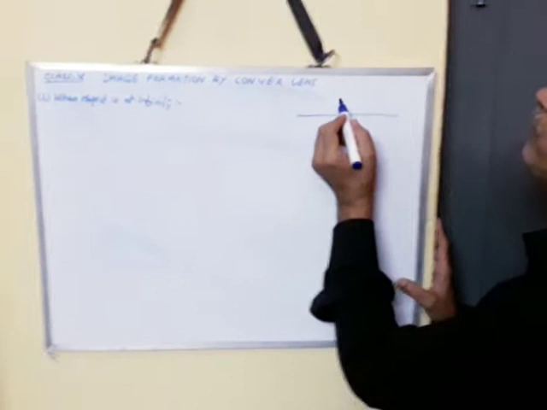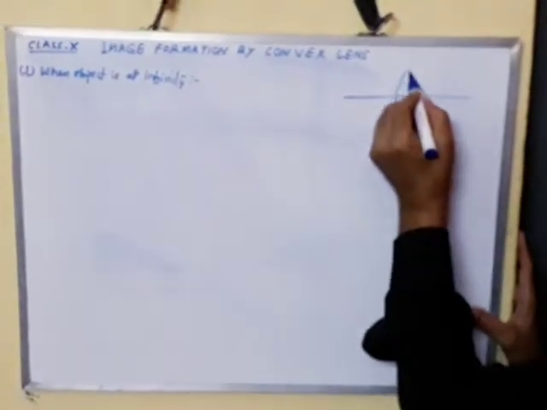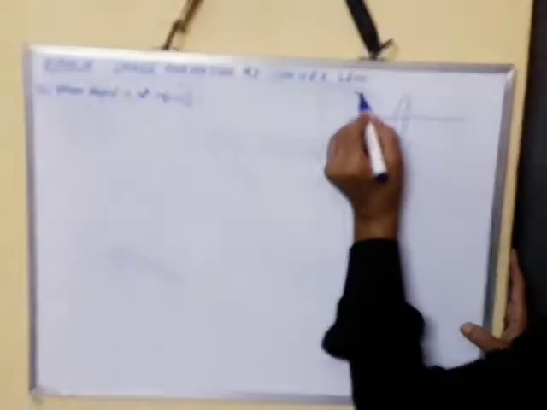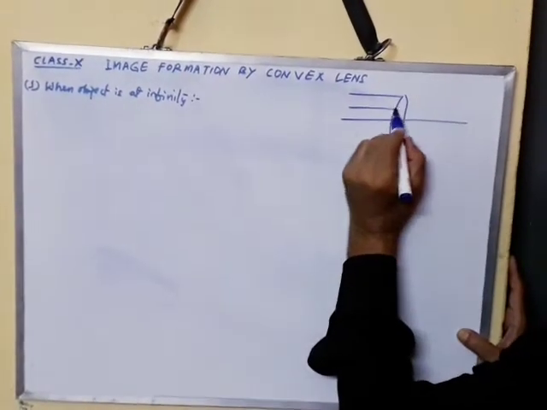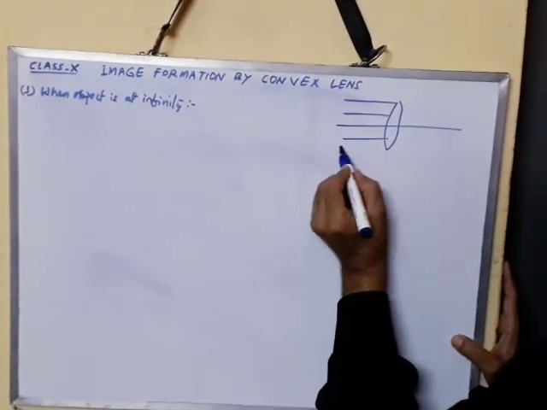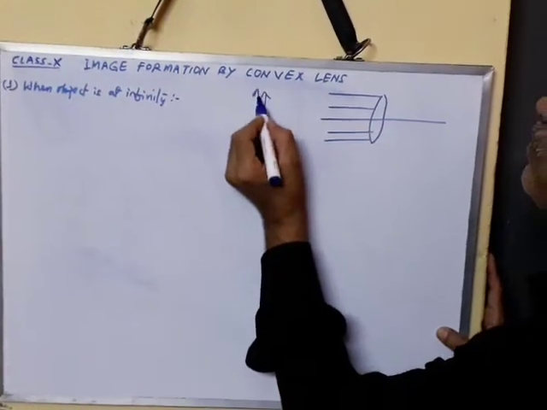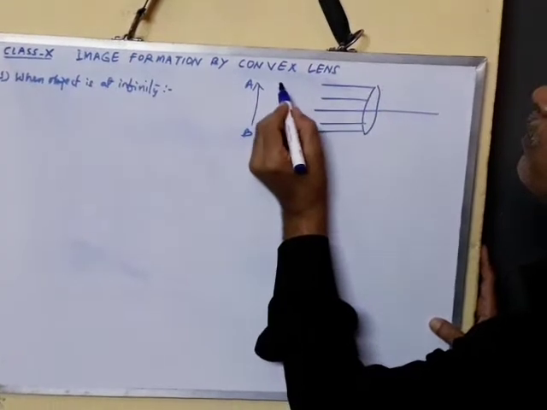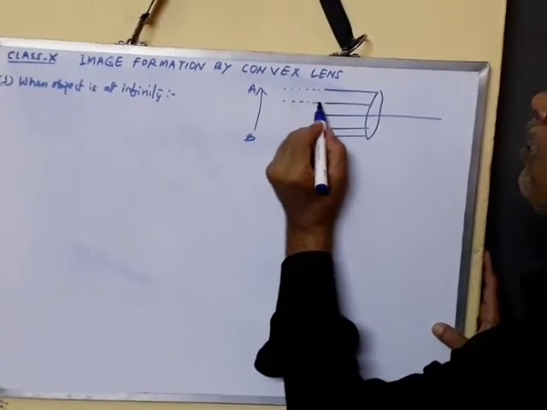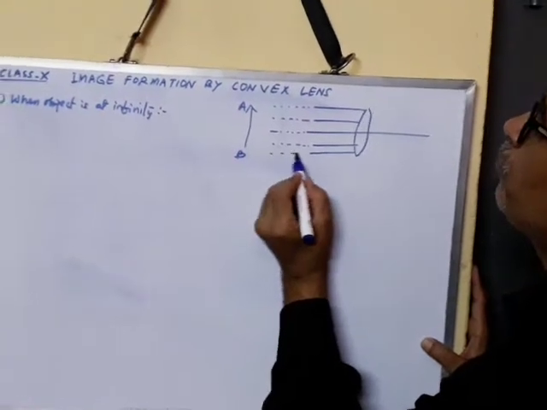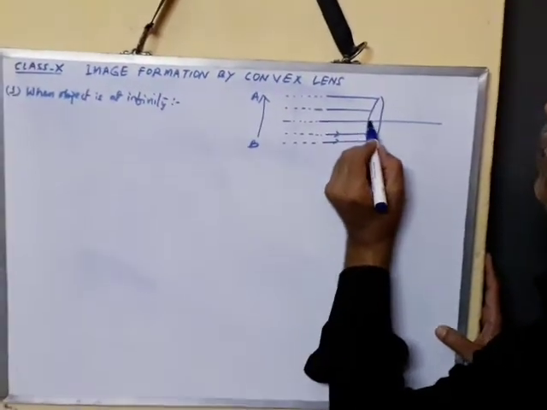My dear students, when the object is at infinity, all the rays are coming parallel to the principal axis. Suppose the object AB is not at a finite distance. All the rays coming from the object are parallel to the principal axis and also parallel to each other. So what will happen?